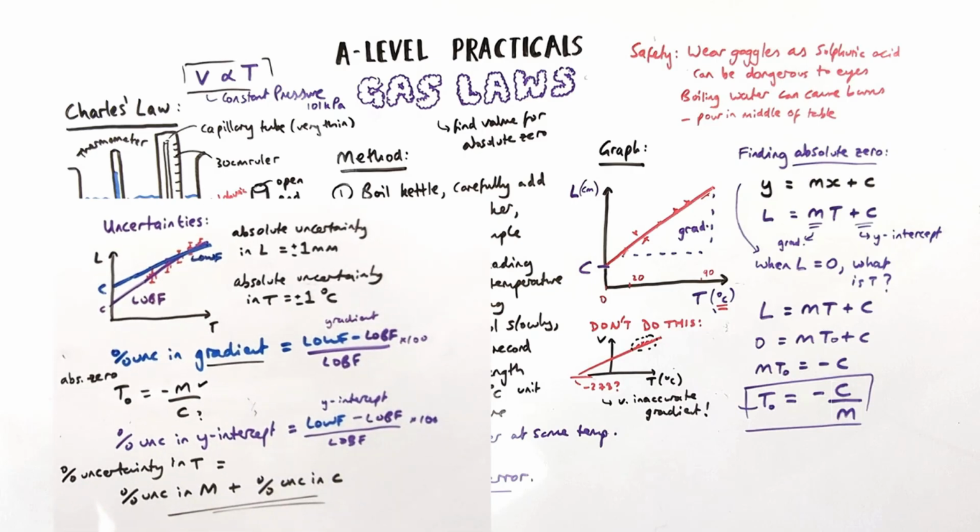If you're dividing two quantities, to find the percentage uncertainty of the overall t, you have to add together both of them because you've got two different quantities you're combining together. So your absolute zero value should have a percentage uncertainty. You can then make that an absolute uncertainty because from experience with this practical, sometimes it doesn't end up being that close to minus 273, but hopefully it's within your uncertainty value.